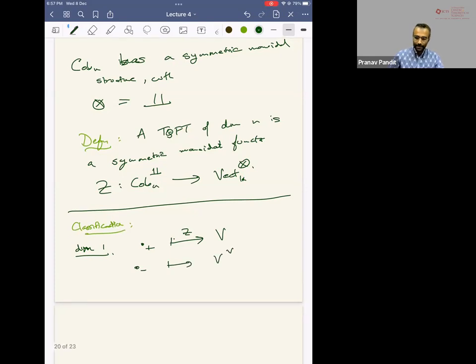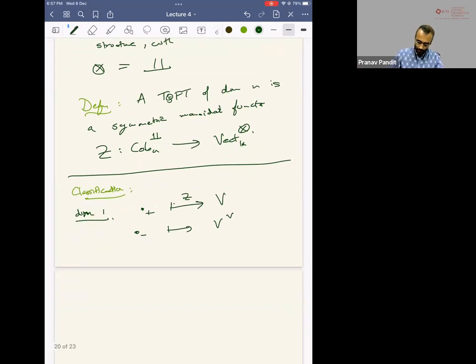Essentially this is the only data, because disjoint unions of points must go to tensor products. So knowing where the point goes determines everything. So Z from Cob_1 to Vect is determined by specifying a single finite dimensional vector space.